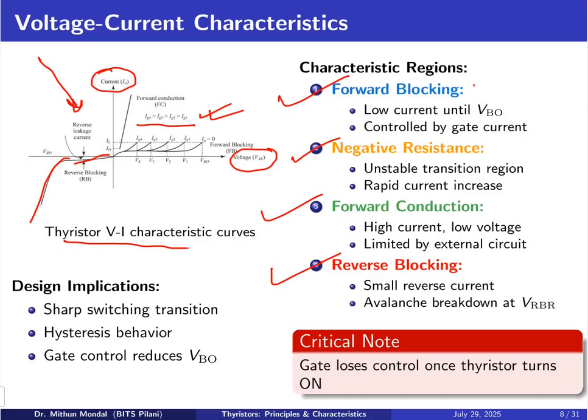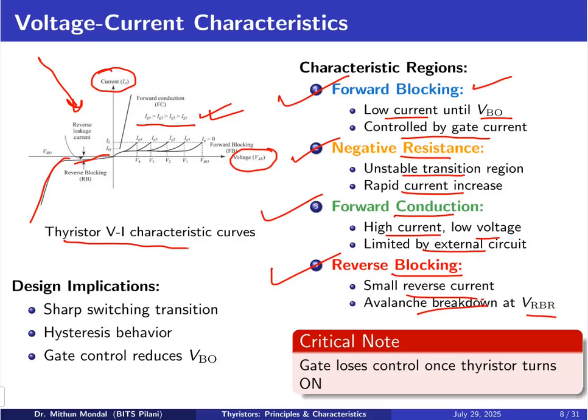In the forward blocking, there will be low current until the breakover voltage, and this will be controlled by the gate current. Negative resistance is the unstable transition region, and there will be a rapid current increase, which is not acceptable. Forward conduction is high current, low voltage, and it is limited by the external circuit. And in reverse blocking, you have a small reverse current, and there is avalanche breakdown because of the reverse breakdown voltage.